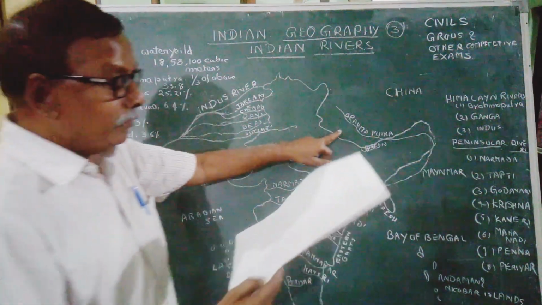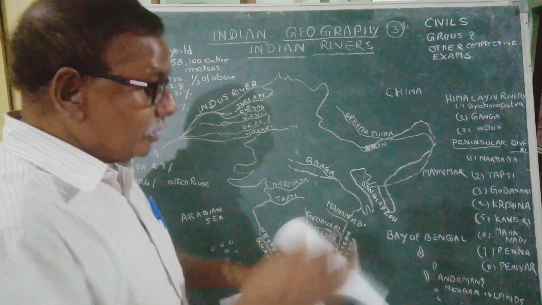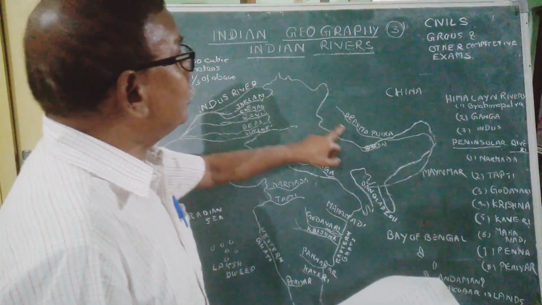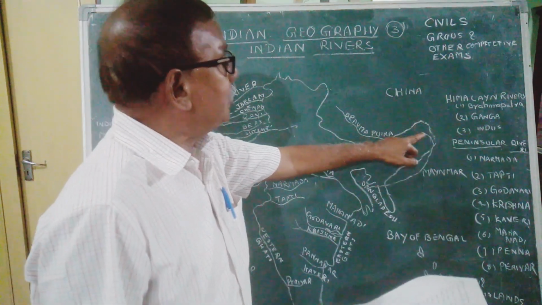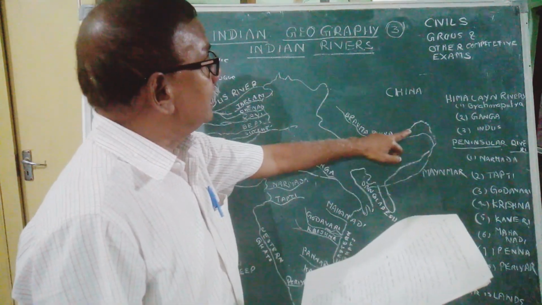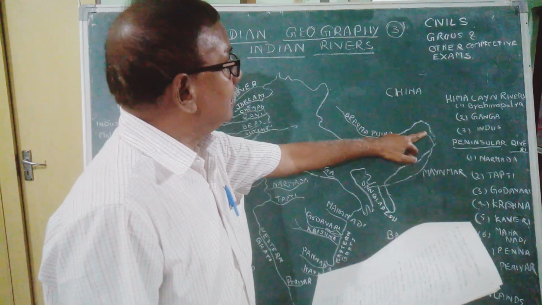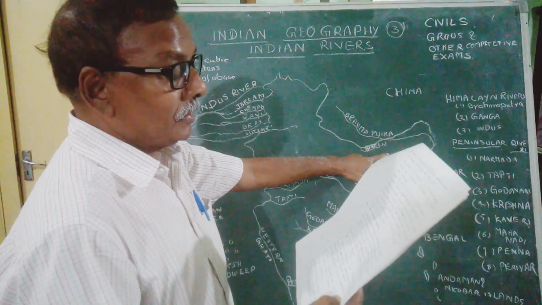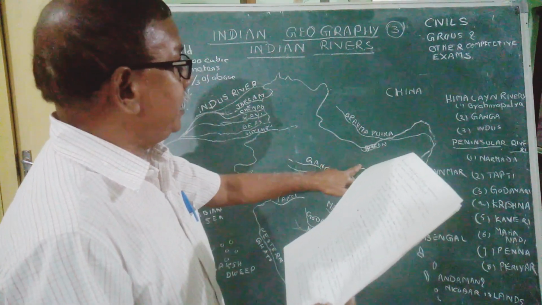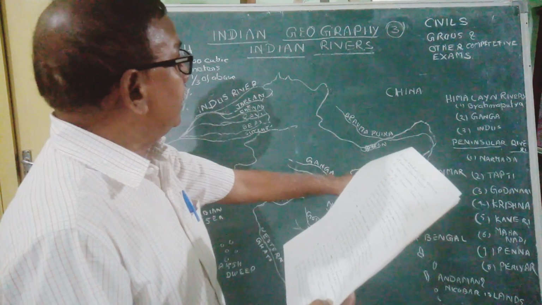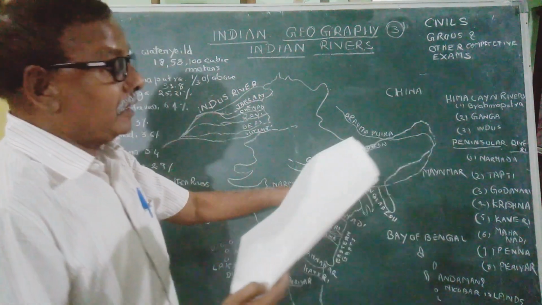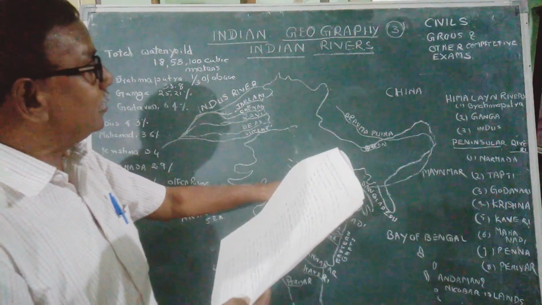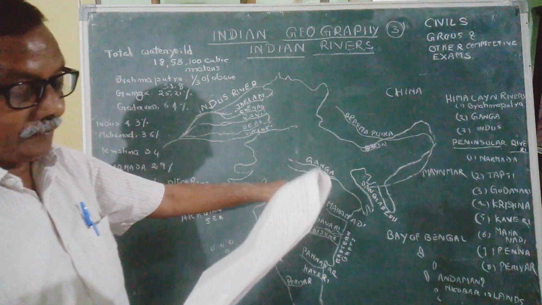The Brahmaputra river, which also arises from the Manas Sarovar lake, flows eastward and turns towards north, entering Arunachal Pradesh, Bangladesh, and unites with the Ganga and forms a great delta, which is also known as Sundarbans.